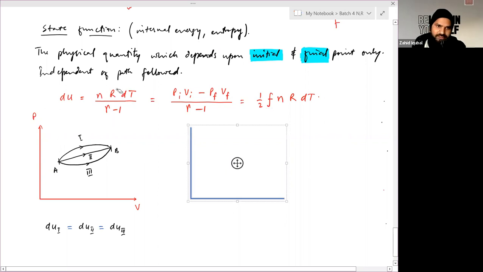You may write this first formula if number of moles, change in temperature and gamma are given. Use this formula if the terms are given in terms of pressure and volume. You may use this formula if degree of freedom is given. I will explain later how we have derived these according to different processes. Okay. Yes, sir.